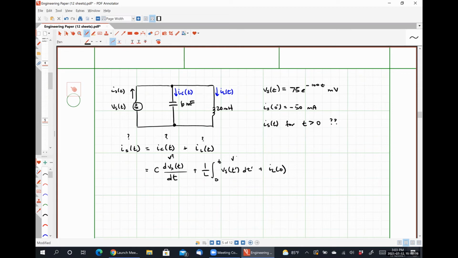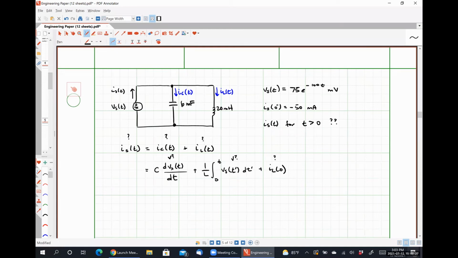So this is another thing that we don't know, but I feel like we can figure out how to do it because it's just integrating something we're given. And this initial condition is probably something that we just don't know right now.